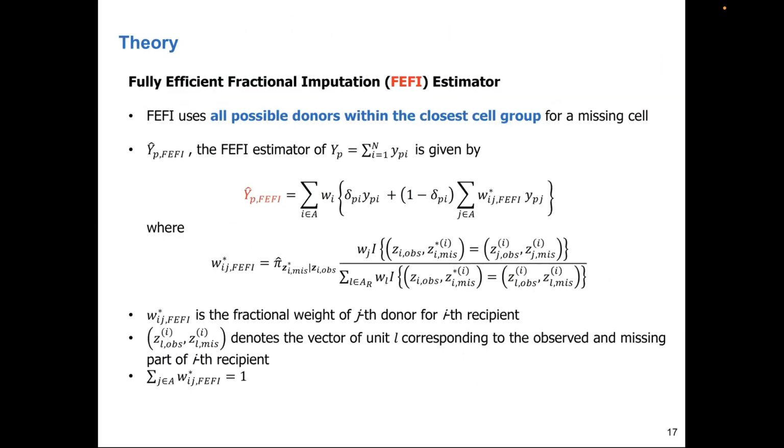Then there are two types of approaches. One is called fully efficient fractional imputation. That means we search all the similar categories or cells, and then we use all possible donors to cure that missing cell. Suppose we have 6 possible donors in a similar cell; then we use all of them, giving them some weight to cure this one.